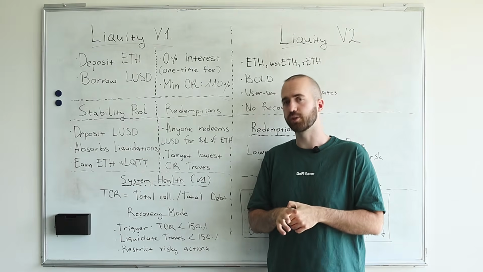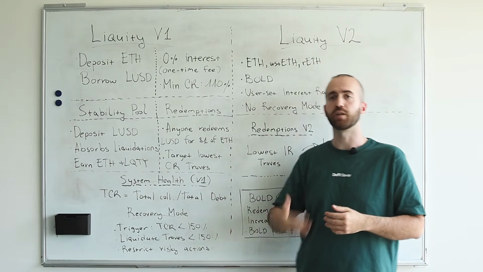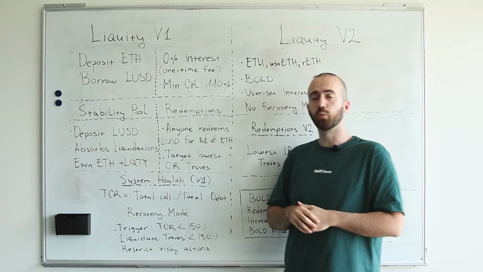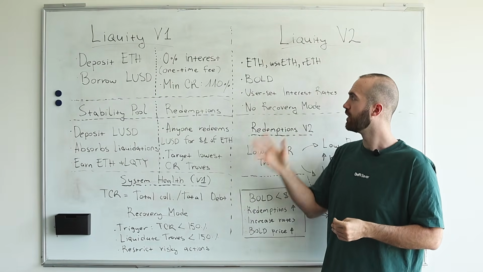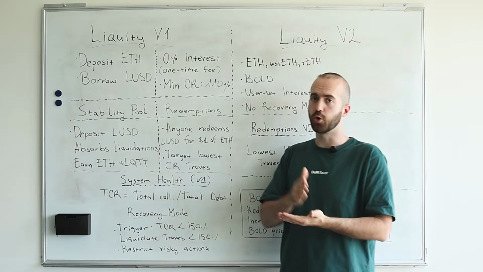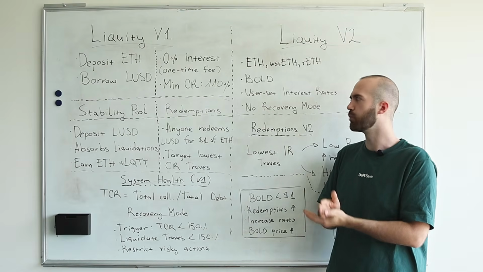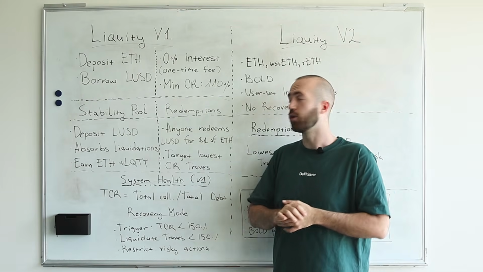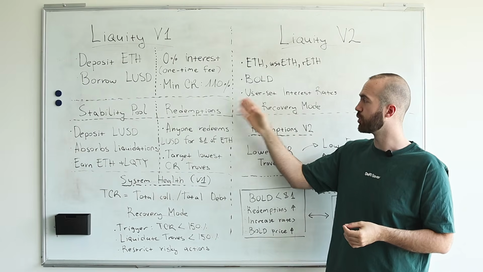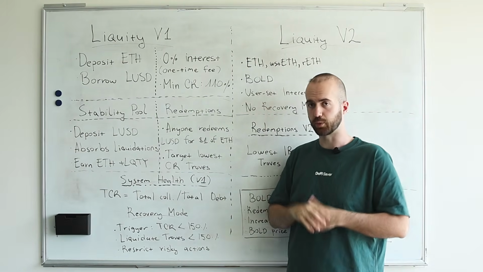Usually in lending protocols, you might pay a recurring or compounding interest rate on your debt, but on Liquity V1, you pay a one-time fee. So there's zero interest over time. Just when you open a position, which is called a trove on Liquity, you pay a one-time fee. Also, the minimum collateral ratio is 110%. If it falls below that, you get liquidated.